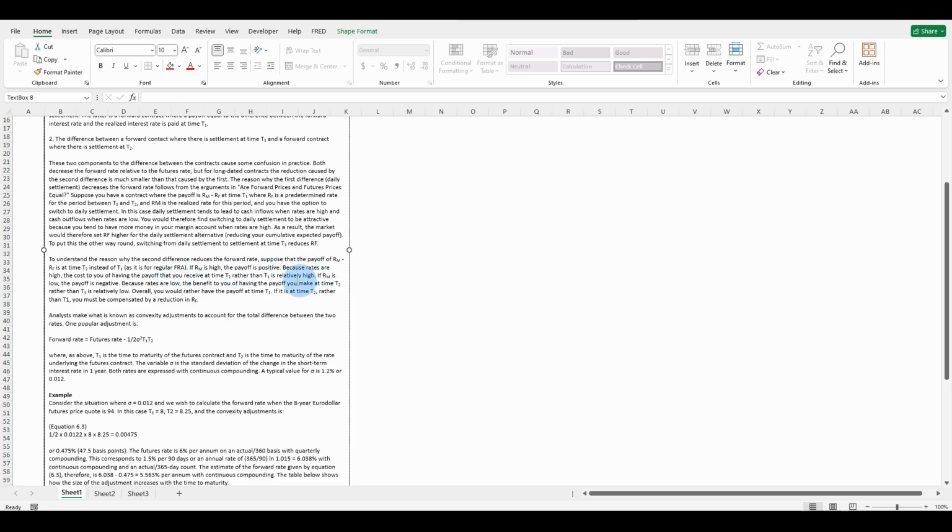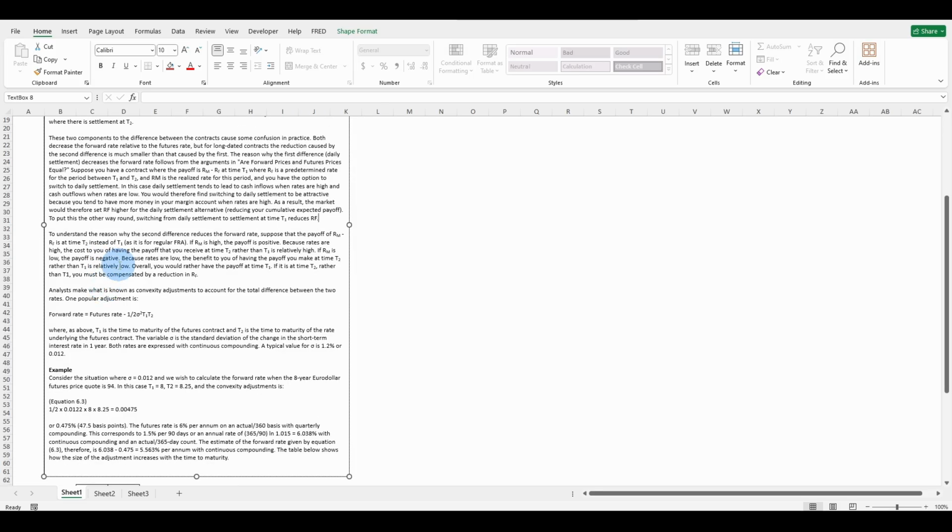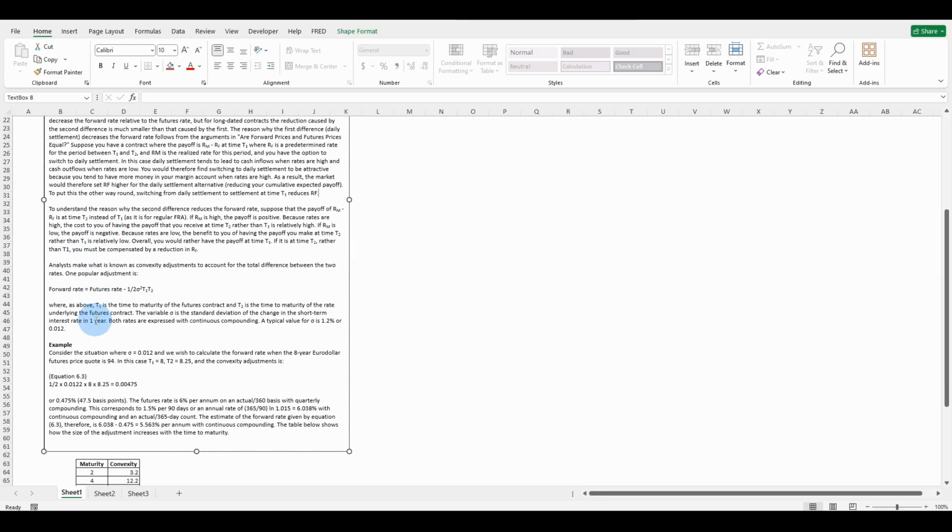If R_M is low, the payoff is negative. Because rates are low, the benefit to you of having the payoff you make at time T2 rather than T1 is relatively low. Overall, you would rather have the payoff at time T1. If it is at time T2 rather than T1, you must be compensated by a reduction in R_F. Analysts make what is known as a convexity adjustment to account for the total difference between the two rates.